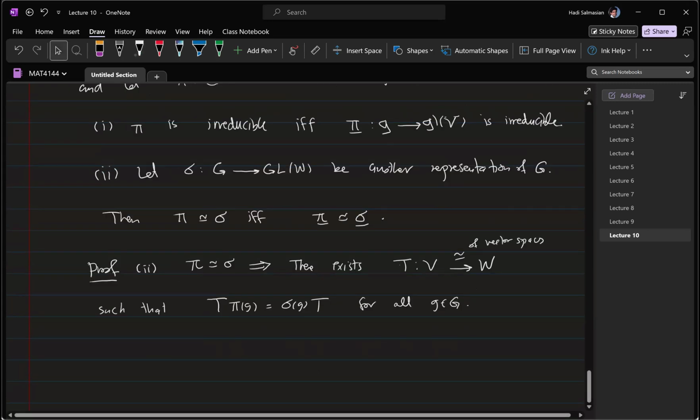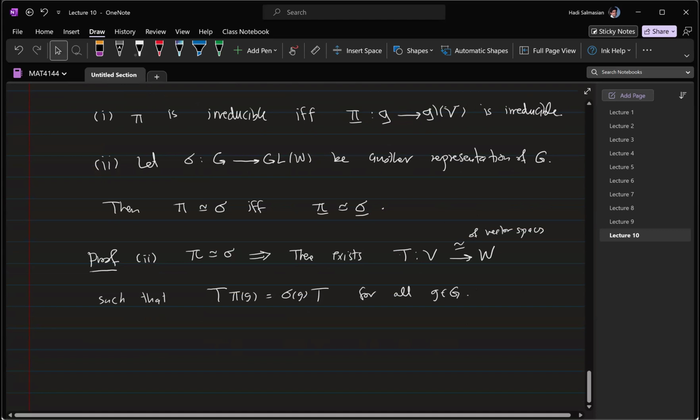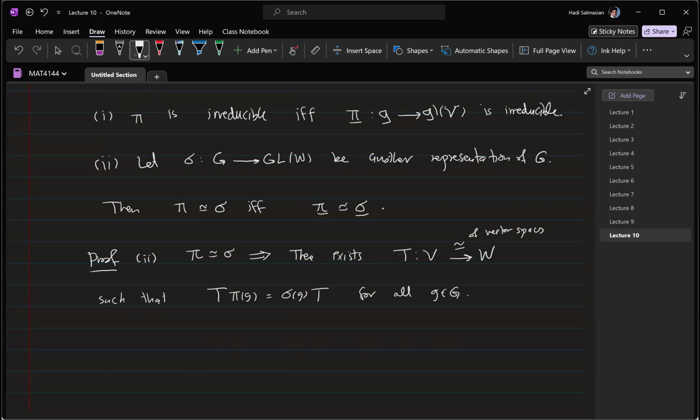So there's a bijective intertwining operator. Now how do you get to some intertwining operator at the Lie algebra level? What trick do you use? It's a standard trick we've done before.